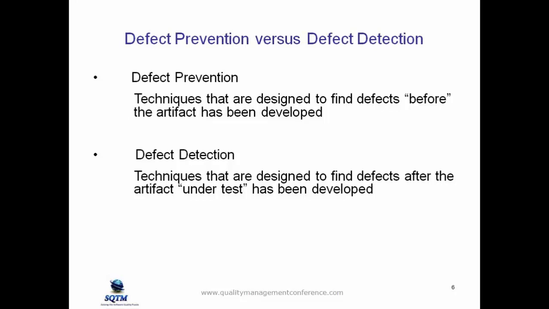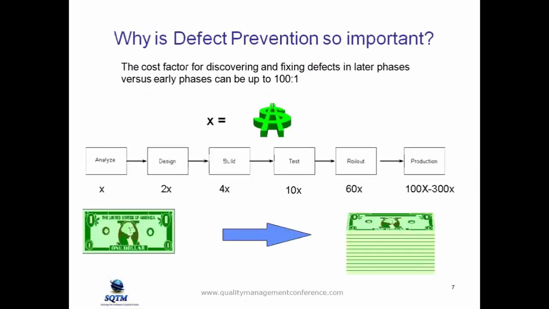The goal is to prevent defects. Defect detection, these are your more formal testing techniques to find defects after the artifact has been developed, or really at the start of your formal test phases. We'll talk more about the differences between the two as we go through several slides.